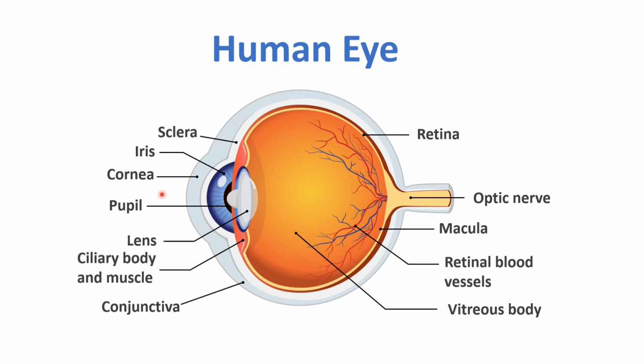In daytime the amount of light entering our eyes is more, so the iris contracts the pupil and allows only a little amount of light to enter. But at night time the amount of light is very small because it is very dark. So the iris automatically expands the pupil to allow more light to enter.